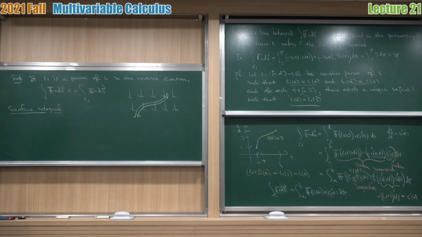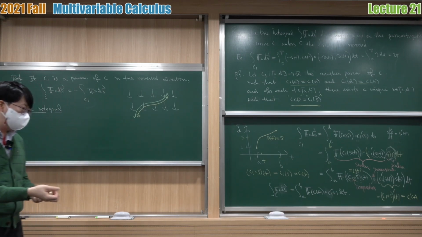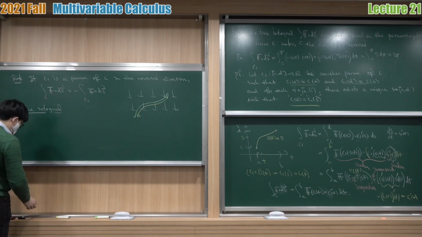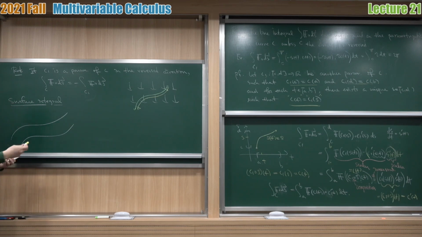As we talked about work as the meaning of the line integral, I want to give a situation that explains the surface integral. Let's think there's a river, and there is a flow of water in the river.